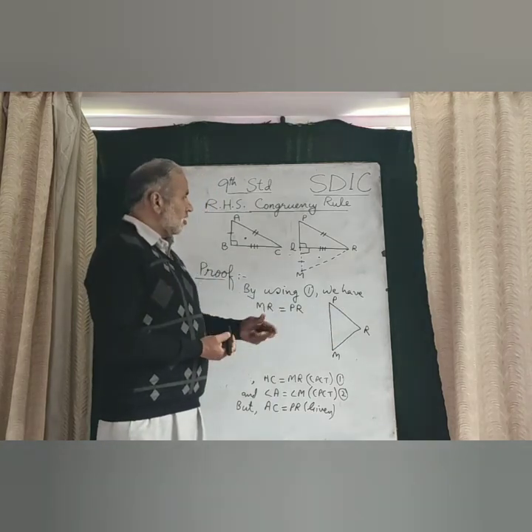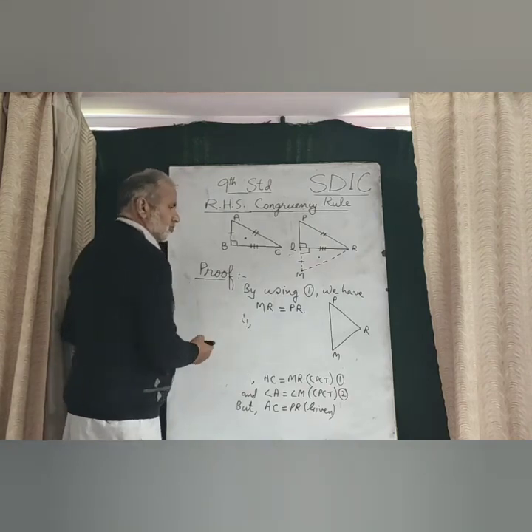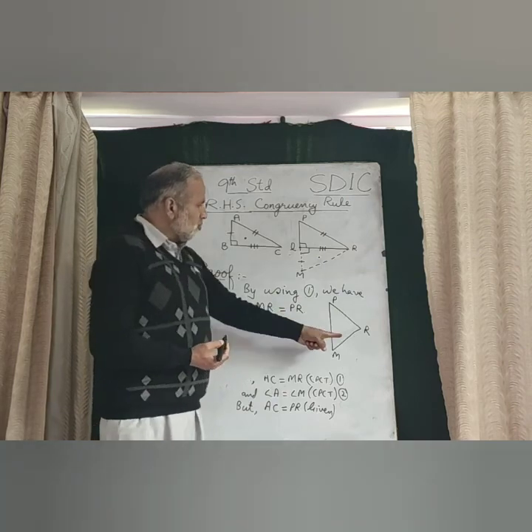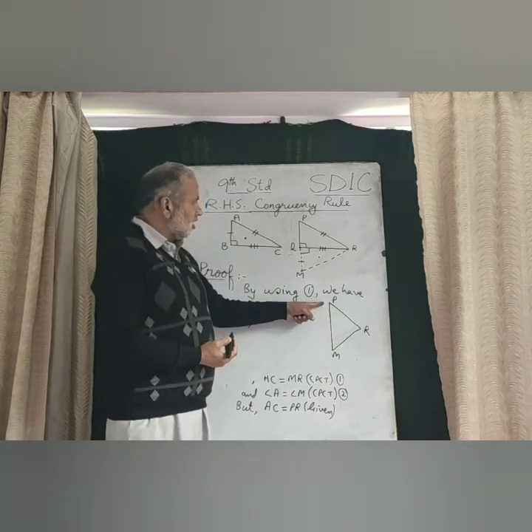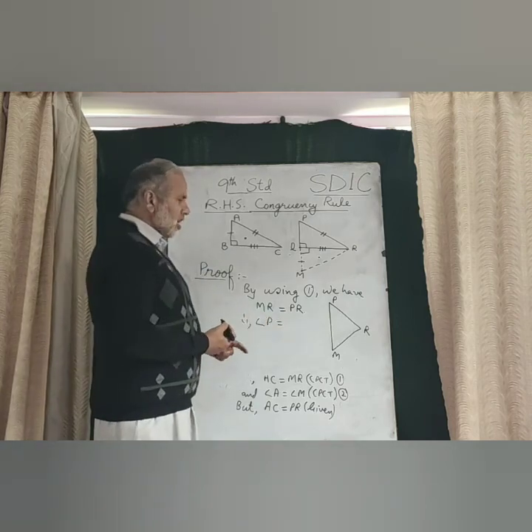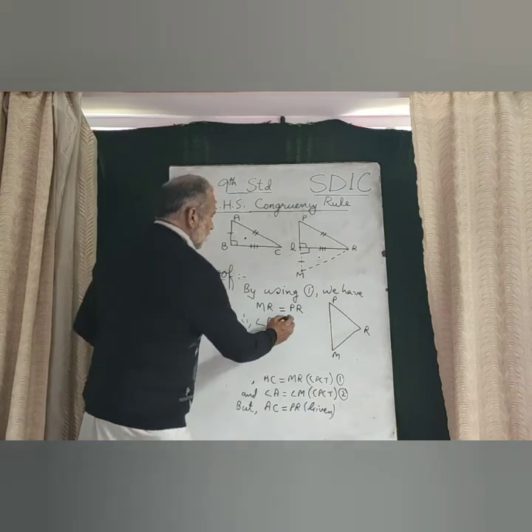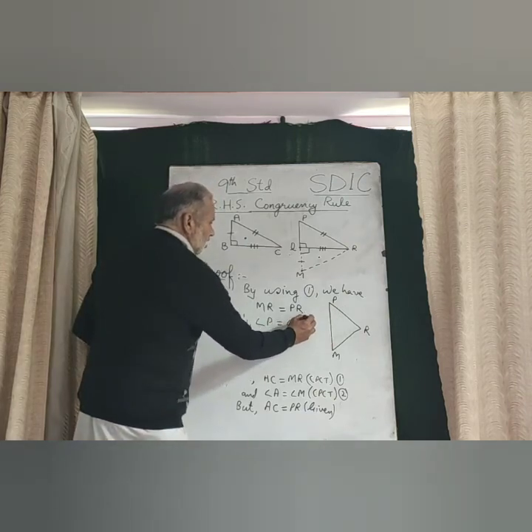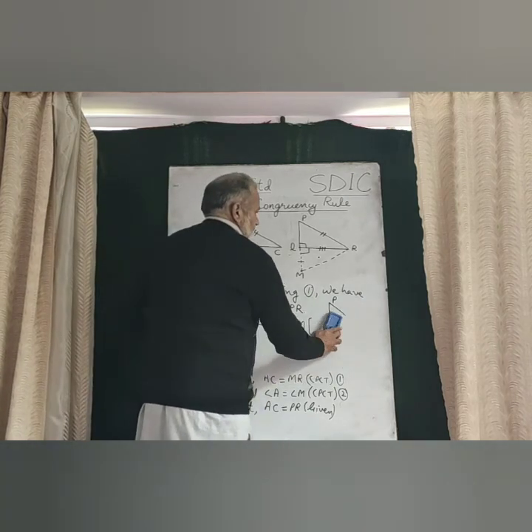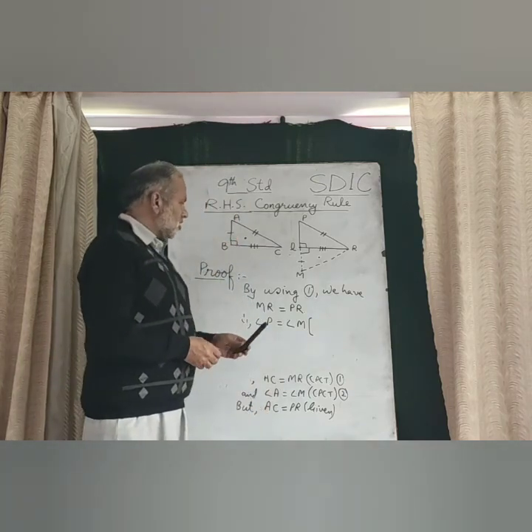So what will happen? Their opposite angles will be equal. Which two angles? Angle opposite to MR side is this angle, angle P, is equal to angle opposite to PR side, angle M. Angle P is equal to angle M. The reason you will write is the statement of that theorem we did in the previous exercise.